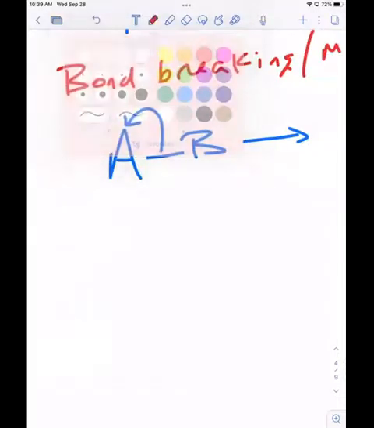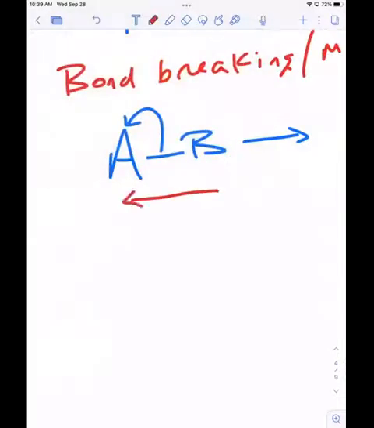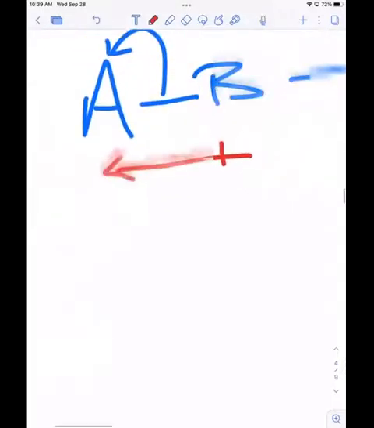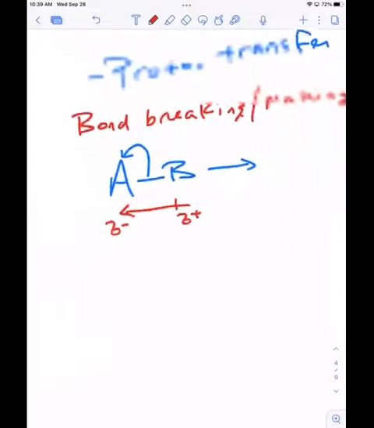The way the electrons flow when I break that bond is going to be based on the dipole. The more electronegative atom in a bond breaking process like this is always going to receive the electrons. So A is going to be partially negative, B is going to be partially positive.